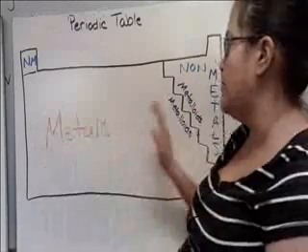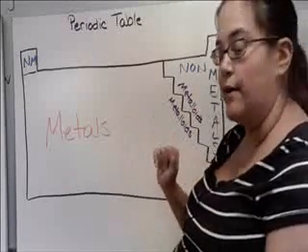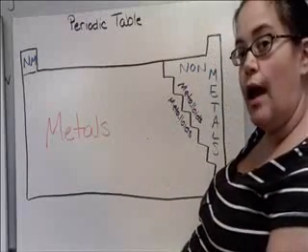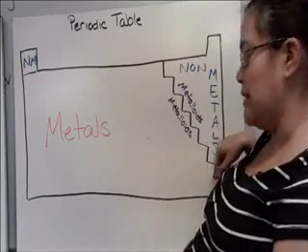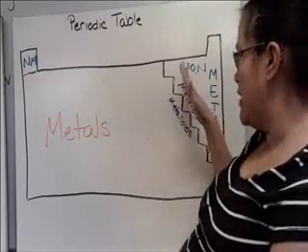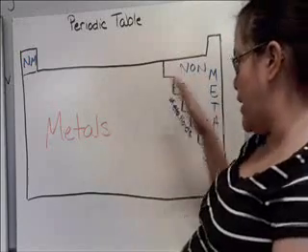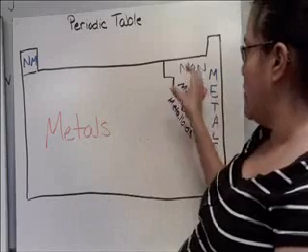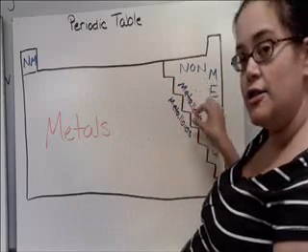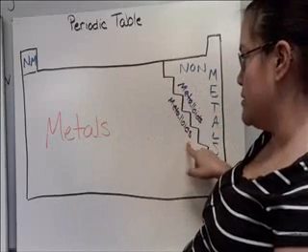So metals make up the majority of the periodic table. If you remember, I pointed out on your periodic table, there's a bold zigzag line that goes down, about two-thirds of the way over towards the right. Those boxes that touch the line are our metalloids.